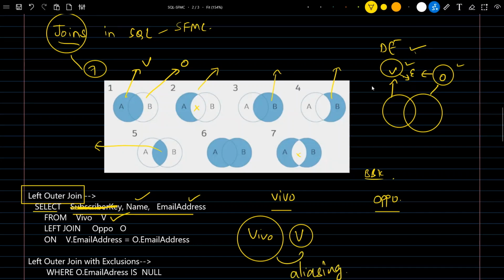Even the data extension can be involved in aliasing, not just the field elements. For example, for email address we can write email address as mail. Whenever we use mail, the validation automatically understands it as email address. Similarly, whenever we write V, the Query Studio in SFMC automatically understands that V means the Vivo data extension.